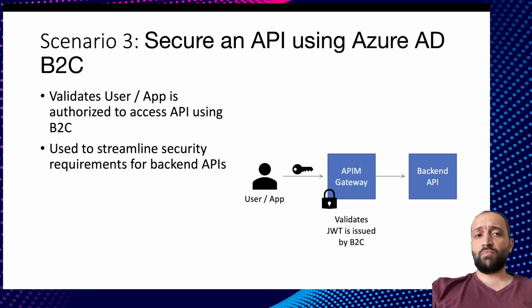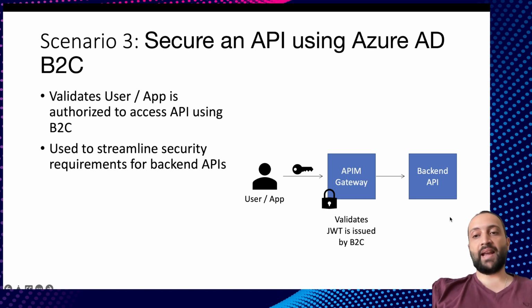That is most commonly used to streamline security requirements for backend APIs, meaning that if your backend API is internal, unprotected, or using a different security mechanism that does not depend on B2C whatsoever, you can streamline the security mechanisms for all your backend APIs to instead use this validation through the token issued by B2C.